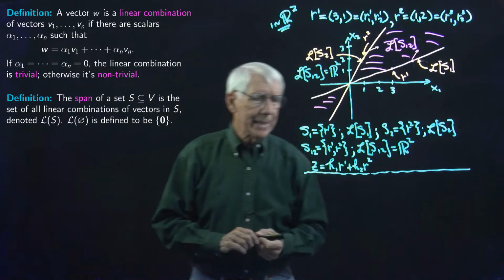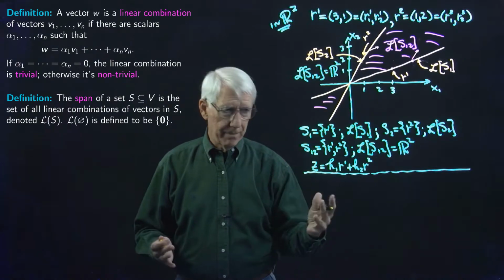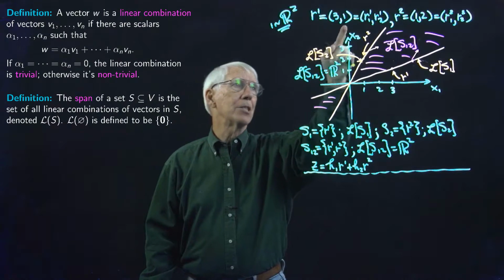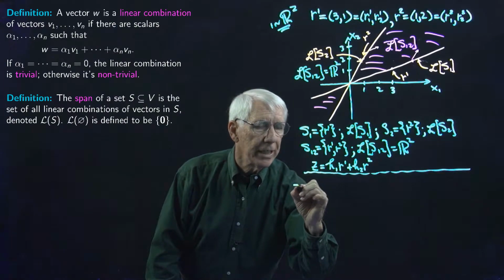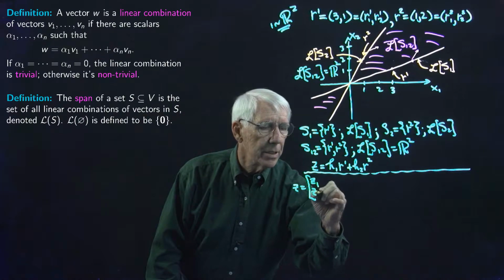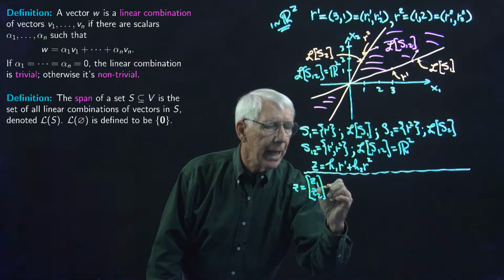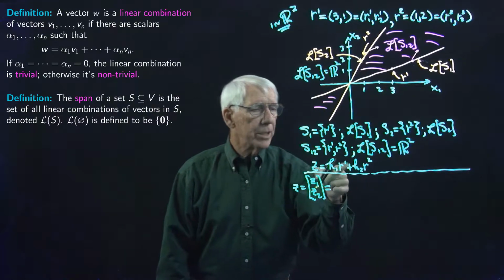Let's write our vectors as column vectors. I could write them as row vectors like I did up here, or I can write them as column vectors. So let's write z as z1, z2, and we know that z is going to be h1 times r1.